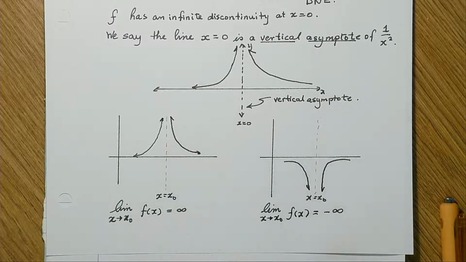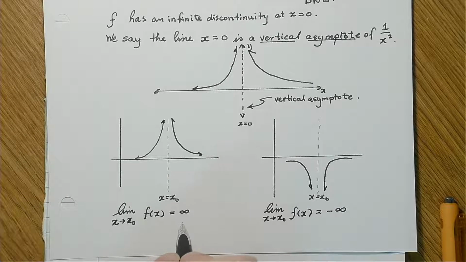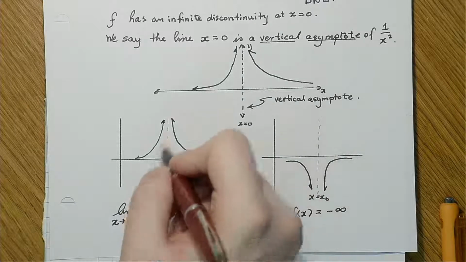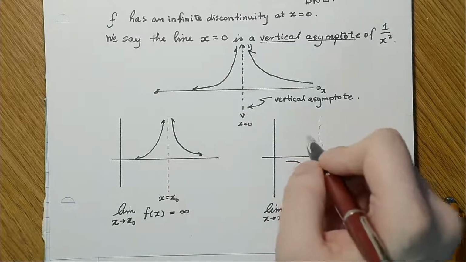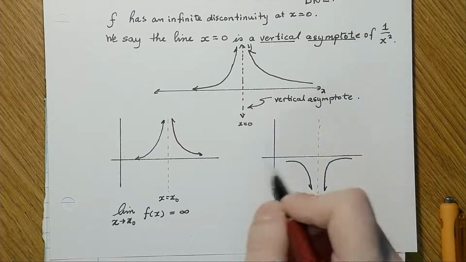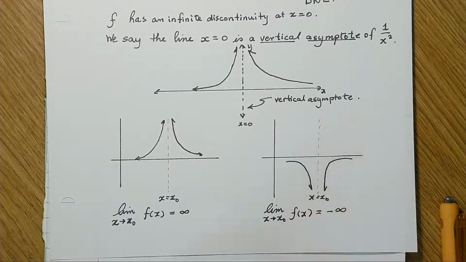So while it's not defined, when we write this shorthand form, saying that it's equal to infinity, it's going to infinity on the left-hand side and the right-hand side. In this case, it's going up, so this is for positive infinity. And then it goes down, both sides going to negative infinity in this case.